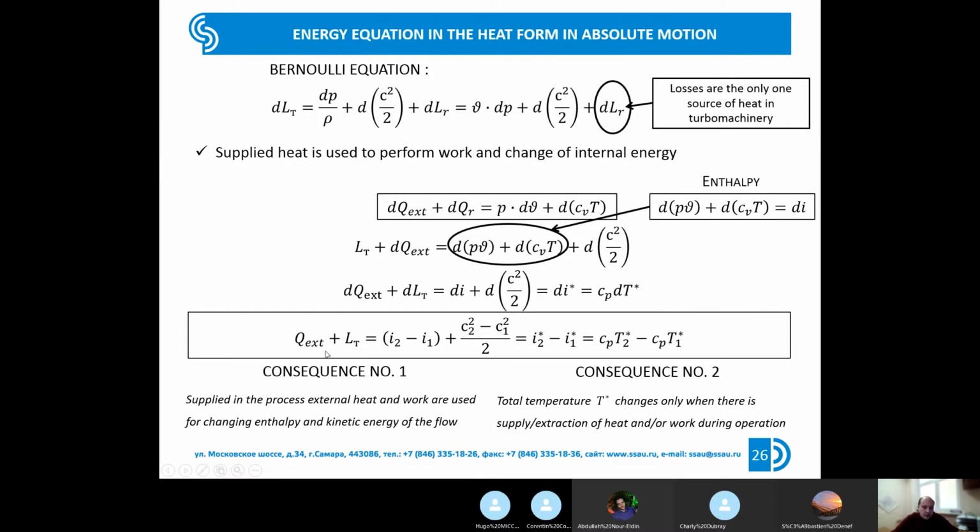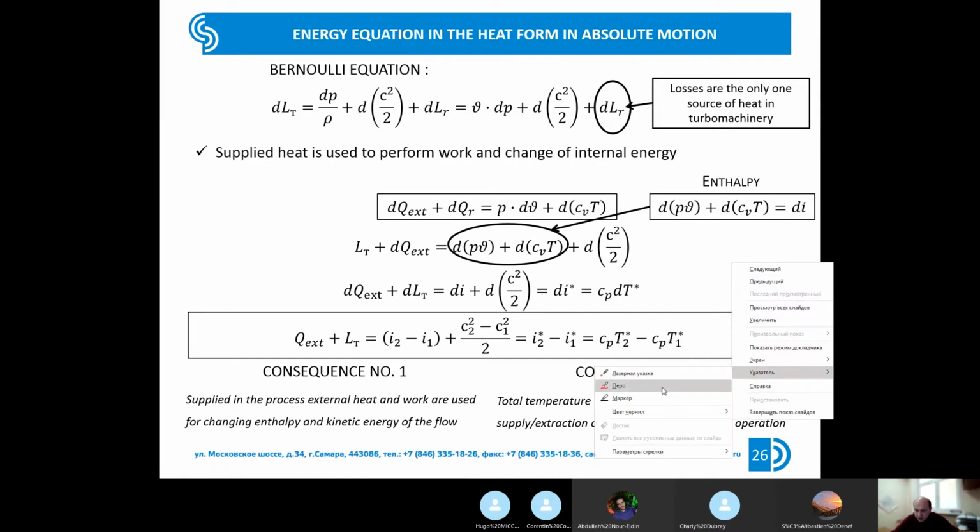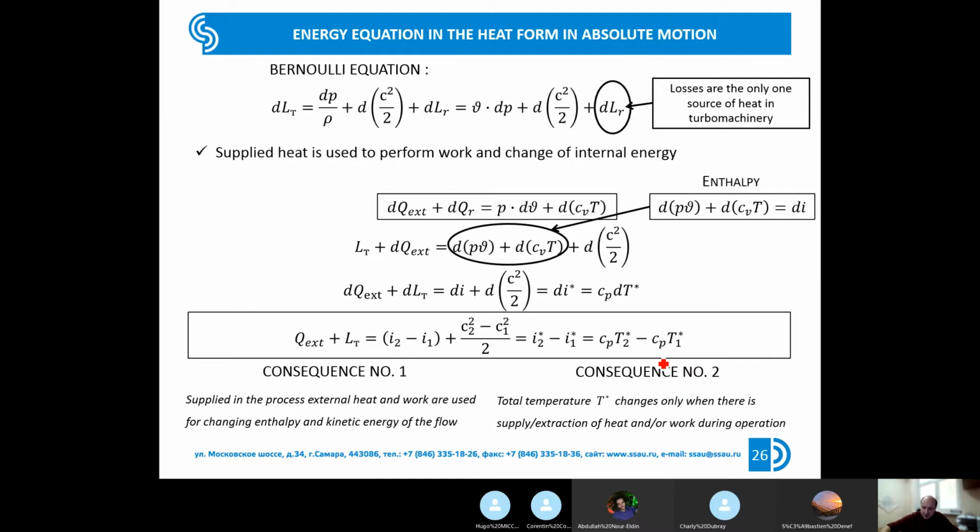But for turbomachinery, we have no external heat, and that's why for turbomachinery this conclusion sounds like: all supplying mechanical energy changes the enthalpy and kinetic energy of the flow.